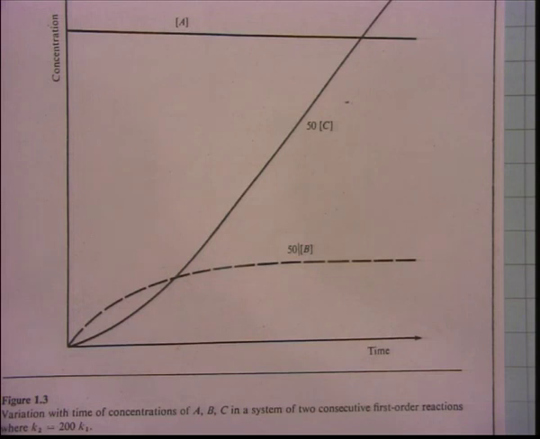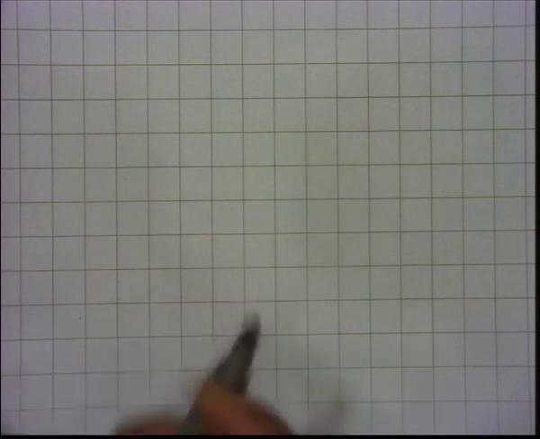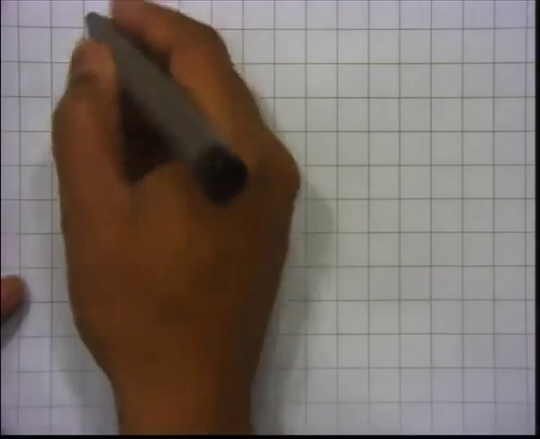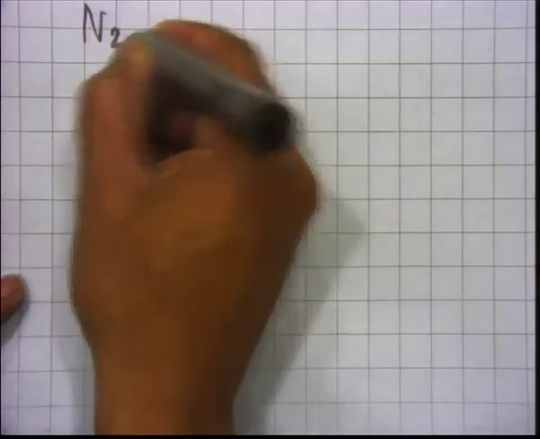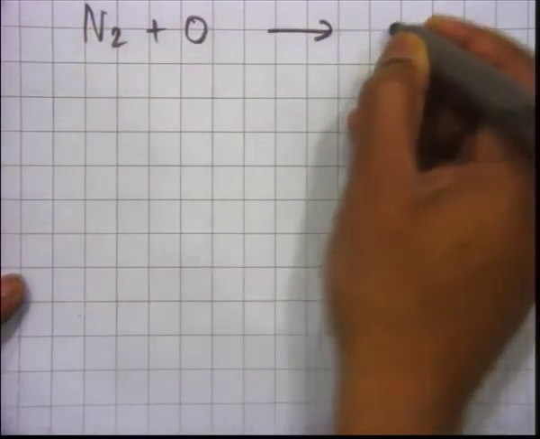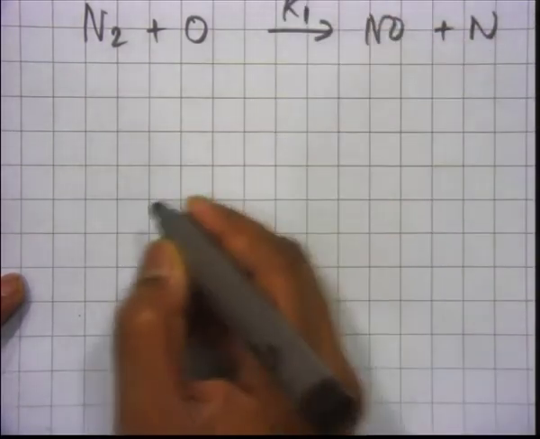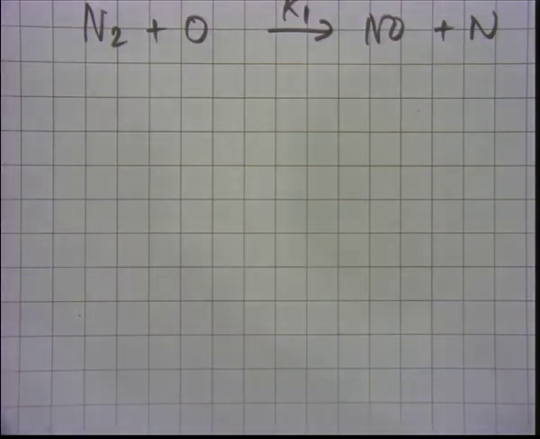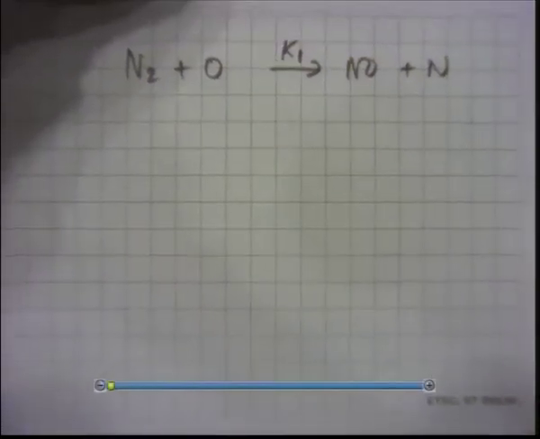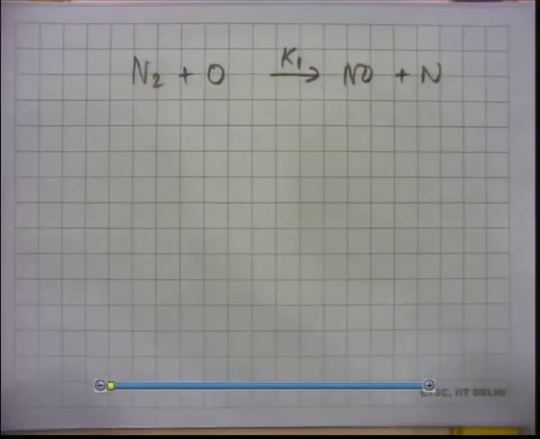I was thinking of giving you one practical example, and I will write this very quickly before we close, and we will continue the discussion in the next class with consecutive reactions. Just to give you a practical example, you can have a nitric oxide system where this happens.